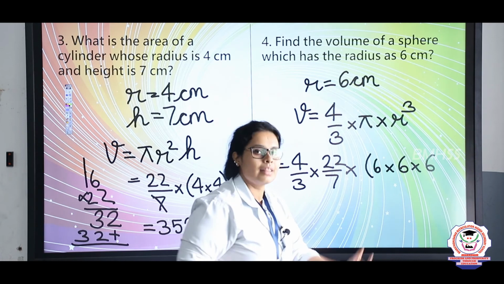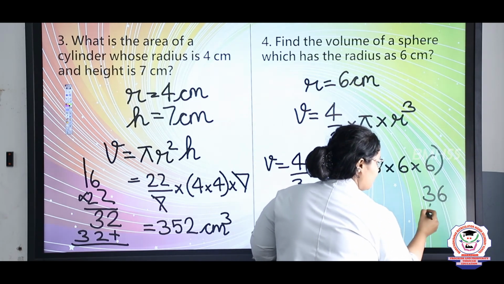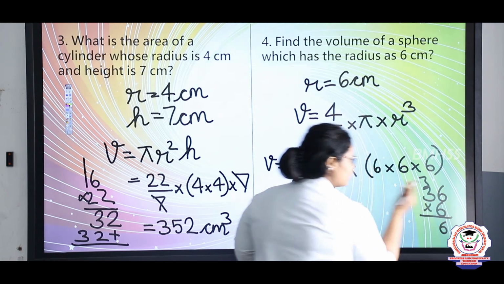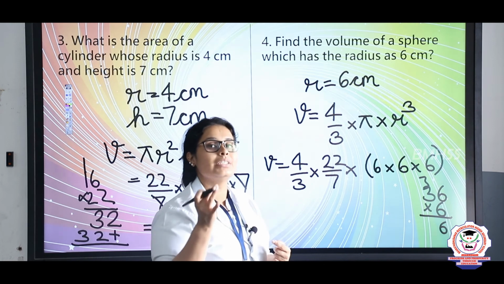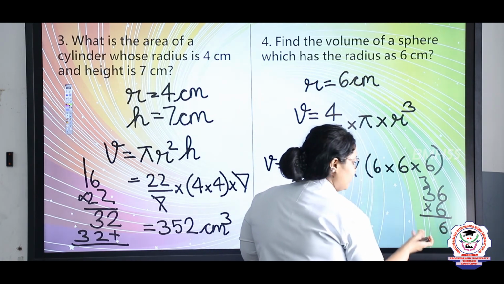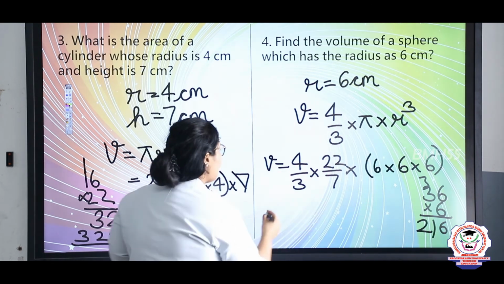6 6s are 36. 36 6s are, children, put here 36 multiplied by 6. 6 6s are 36. 3, 6 1s are 6, 6 2s are 12, 6 3s are 18. 18 plus 3, 18, 19, 20, 21. So it's 216. So how the value will come?